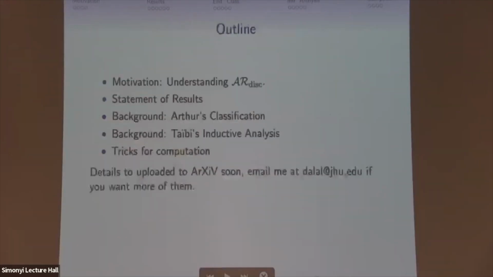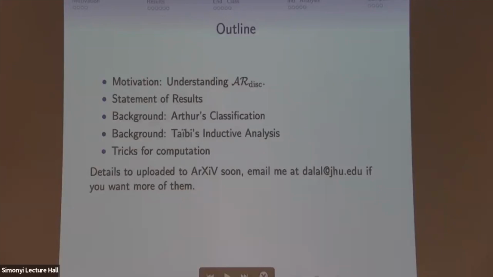Okay. So as an outline for the talk, I'll start with a motivation for the problem, for those people that aren't that familiar with automorphic representations. Then I'll go into a statement of the results. Then I'll go over background on Arthur's endoscopic classification, which is the main technical tool that we're going to be using for this project.